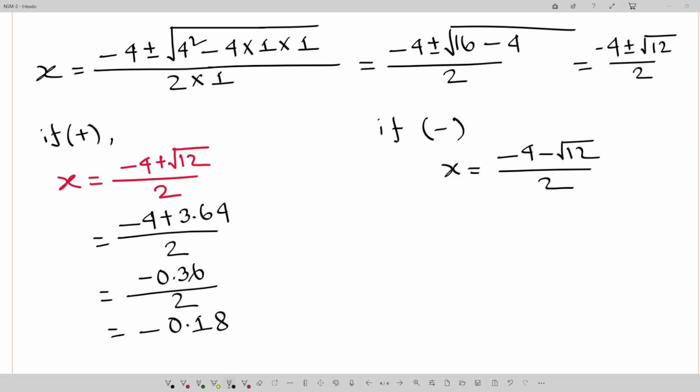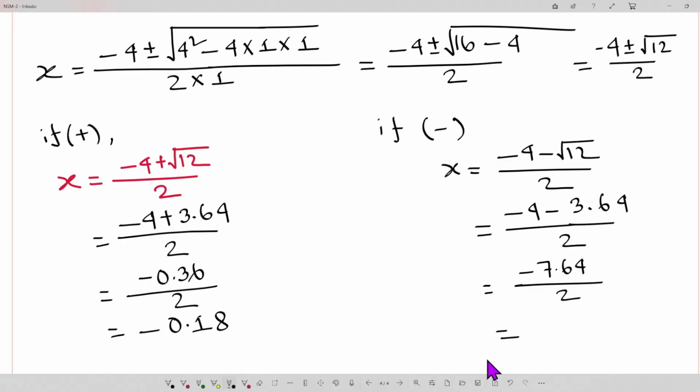Next, if negative, so here is minus 4 minus root 12, a similar value 3.64, divided by 2. So here will be minus 4 and minus 3.64, it will be minus 7.64 divided by 2.